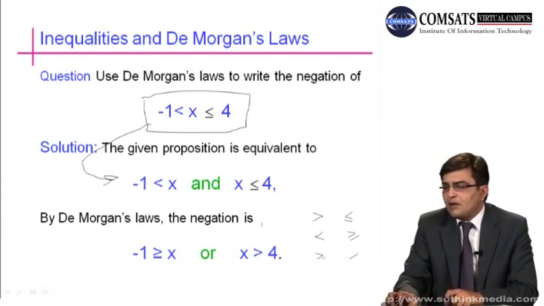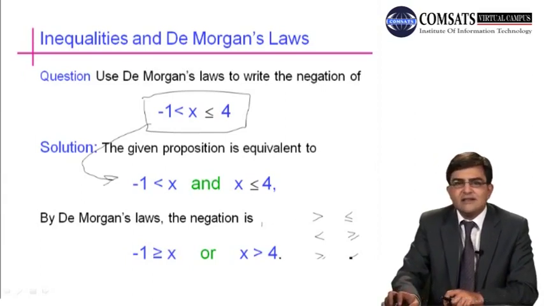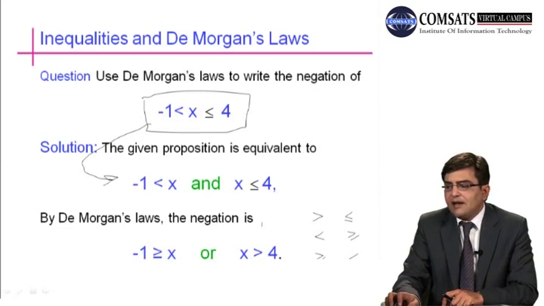So here we write the negation of minus 1 is less than x as minus 1 is greater than or equal to x, and the conjunction operator AND will be converted to the disjunction operator OR, and the negation of x less than or equal to 4 will be x greater than 4.